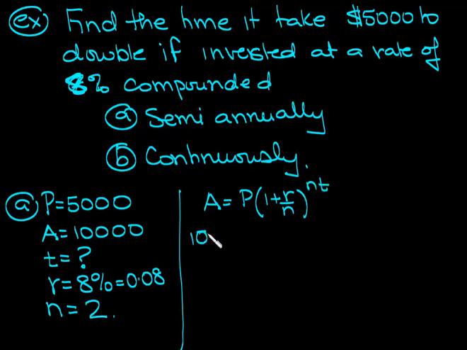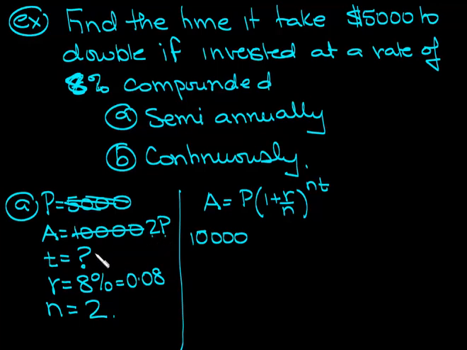We have 10,000. And if you don't want to write it as 10,000, it would be better to write it as 2P, because you want the amount you end up with to be twice what you started with. Principal is what you start with. So even had they not given us P, we could have done this problem. If it was triple the amount, we would have used 3 and so on.